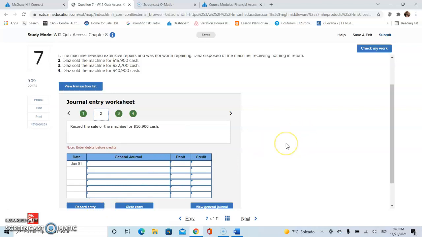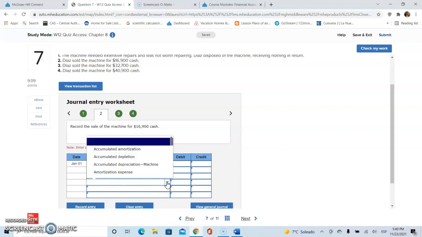So on number 2, it says record the sale of the machine for $16,900 cash. So remember, we always eliminate the book value, crediting the asset account for original cost.